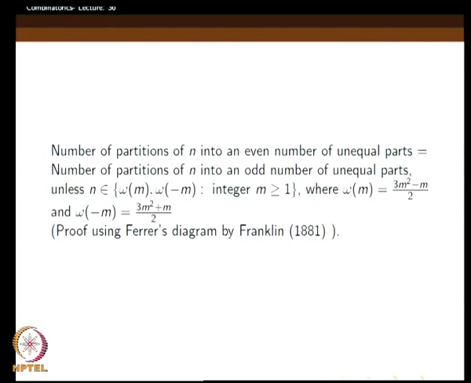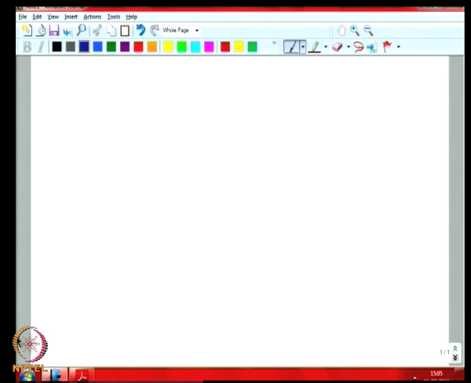So, among that kind of partitions we have two groups. One is where the number of parts is odd, the other is where the number of parts is even. So, we used these two letters E and O to represent these two sets.